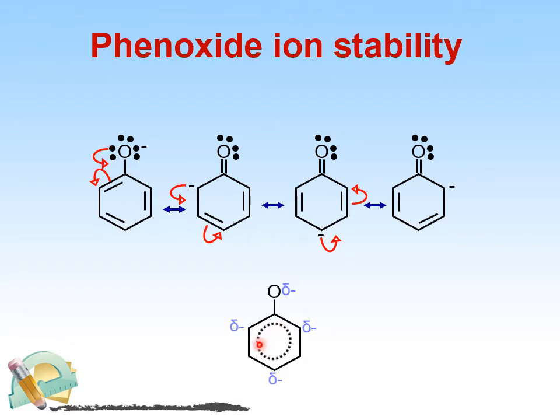So what happened here is the stability of the phenoxide ion is becoming stronger, and therefore the acidity is higher.